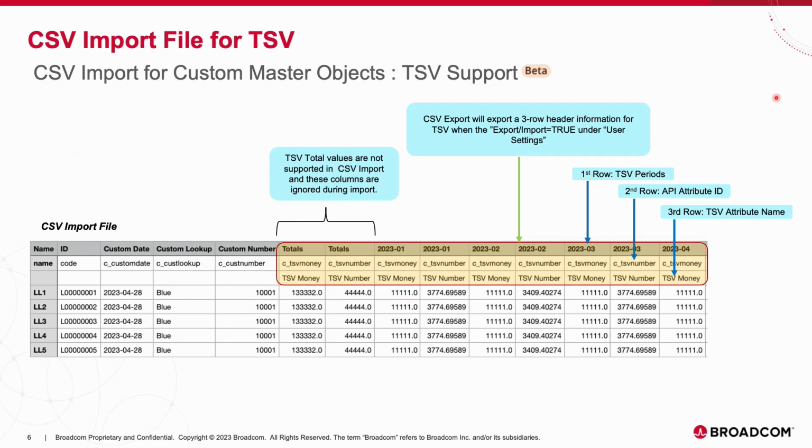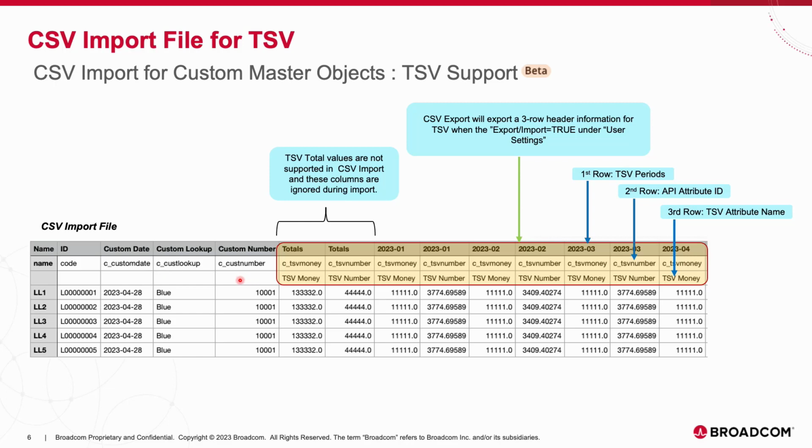Here's an example of a CSV export file for TSVs. As you can see, it's a 3-row header file with the TSV period, API attribute ID, and TSV attribute name. For the non-TSV fields, the third row will just be blank.